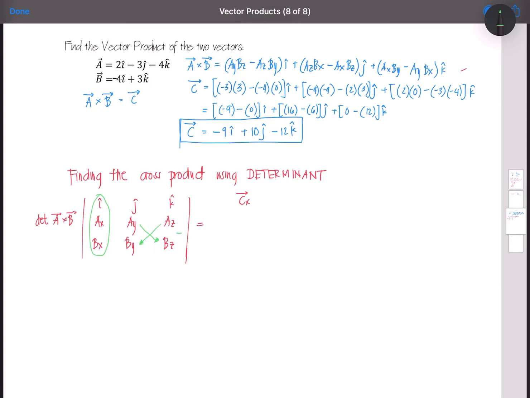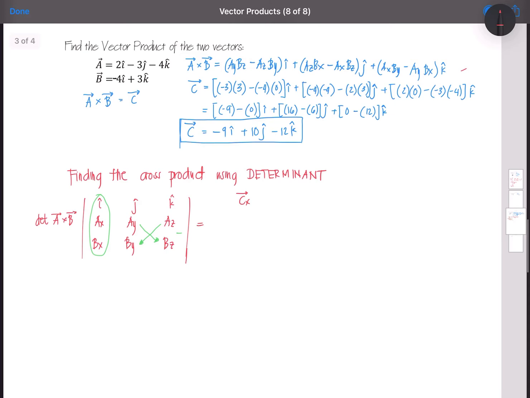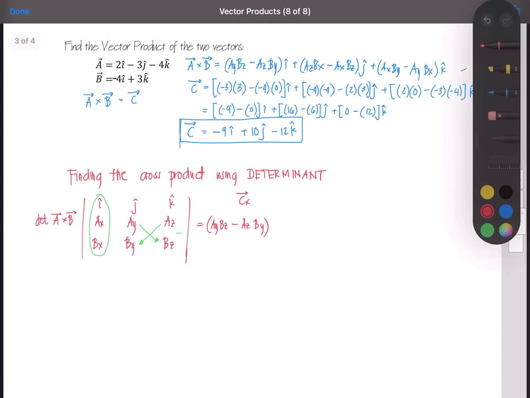Please take note of this pattern because I'll erase it later. Since that column is disregarded, we have AY times BZ minus, going up, AZ multiplied by BY. So it's AY times BZ minus AZ times BY.